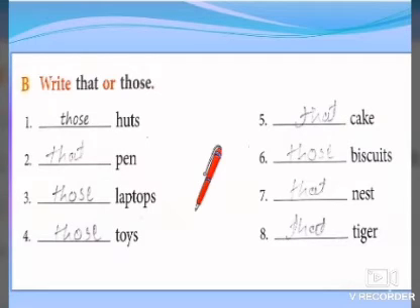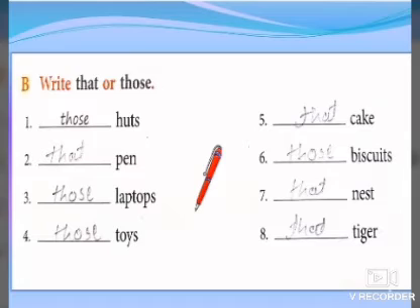Now let's look at some more examples for the things which are far away from us. Now let's look at singular and plural things which are far. Dash huts. Huts, plural noun. So those huts. Dash pen. Singular noun. That pen.